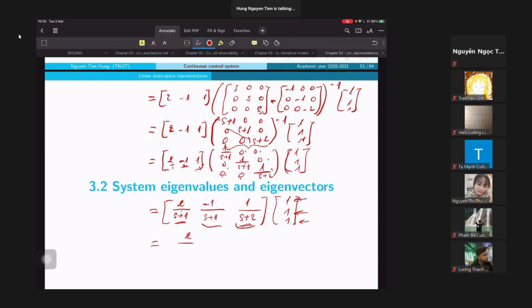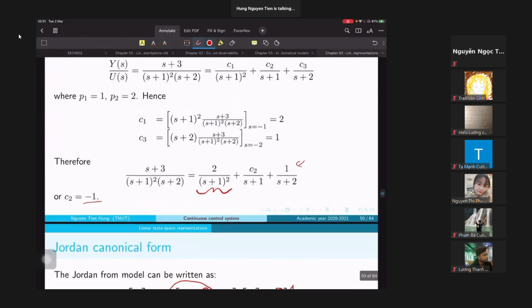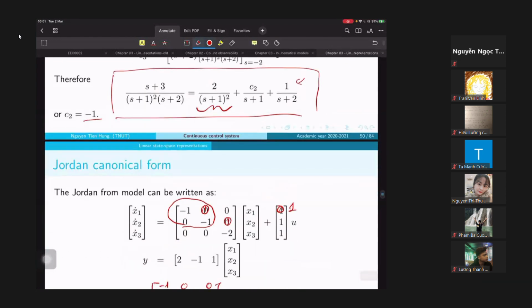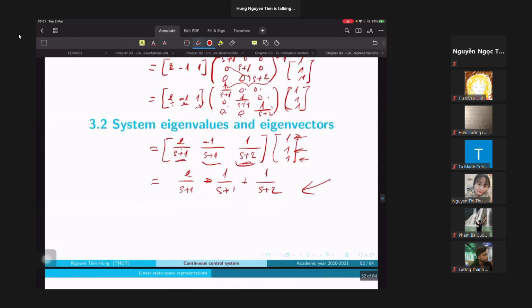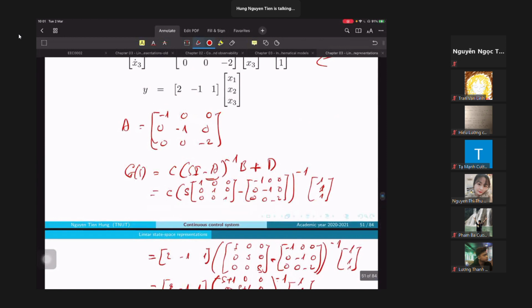So we got 2 over s plus 1, minus 1 over s plus 1, plus 1 over s plus 2. We check this and it is correct because we represent this in this form. So this form checks out, but only in the case that we represent it in the diagonal form like this.